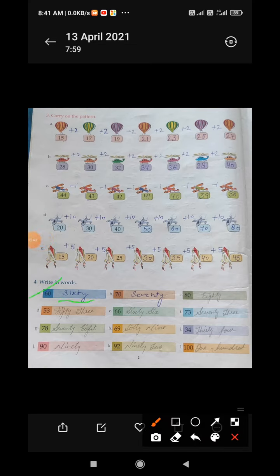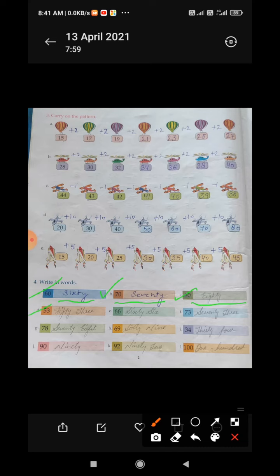SIXTY 60. Now B part 70. Write the number name of 70. SEVENTY 70. Now C part 80. EIGHTY. Write in this box.